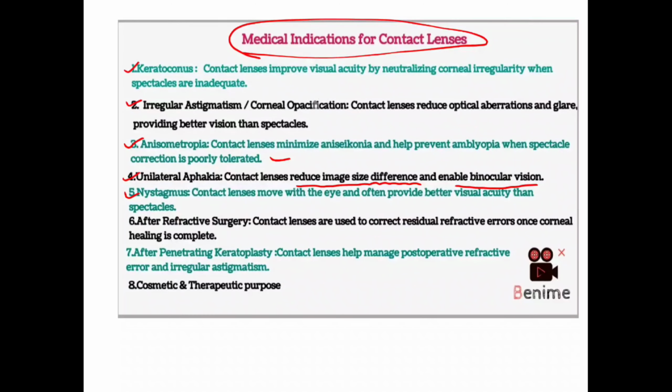Contact lenses move with the eye and often provide better visual acuity than spectacles. Sixth and seventh, after refractive surgery and after penetrating keratoplasty, you can provide contact lenses. And eighth is cosmetic and therapeutic purpose. If there is any corneal opacification, or any therapeutic needs like bandage contact lenses, you can prescribe them for cosmetic and therapeutic purposes.